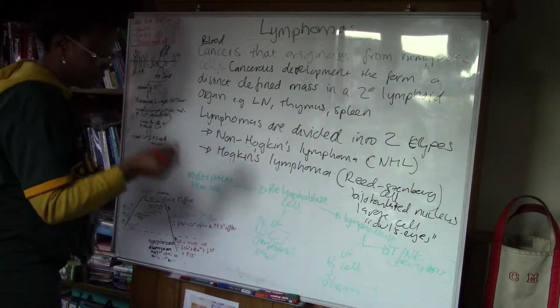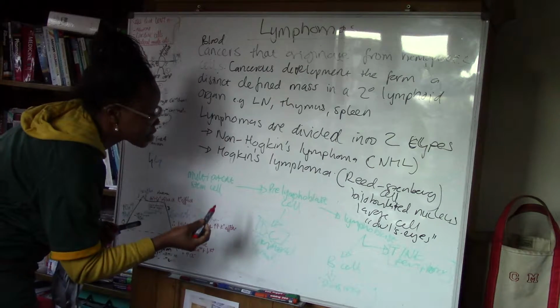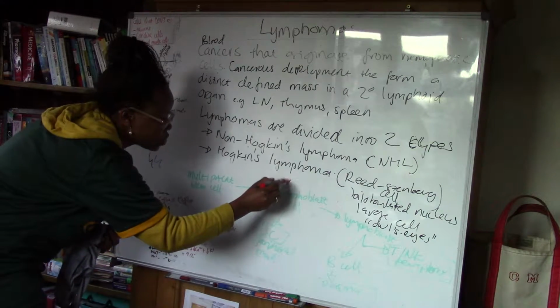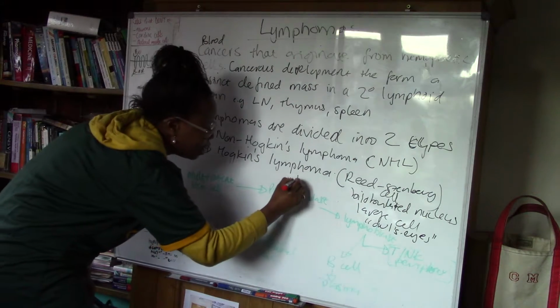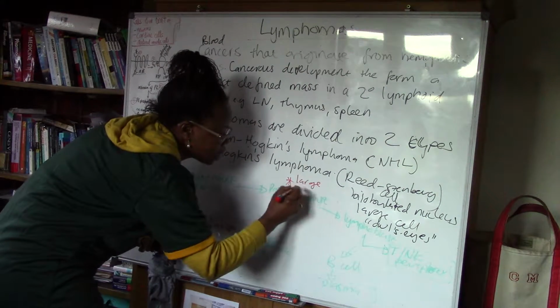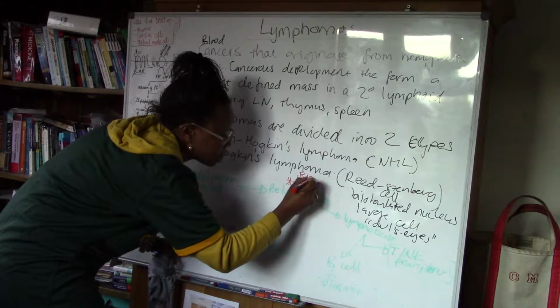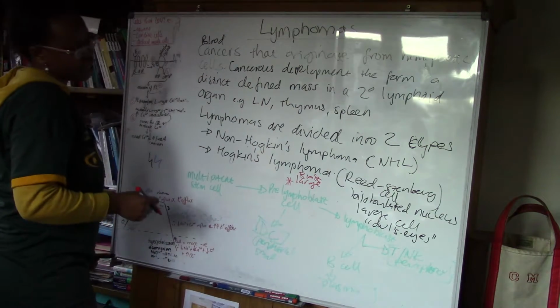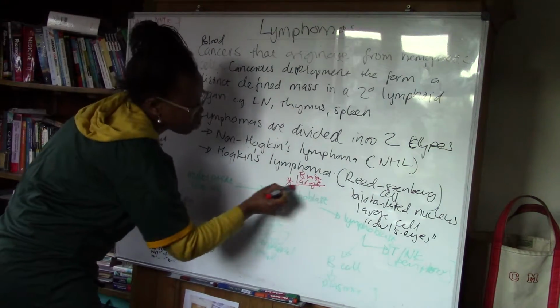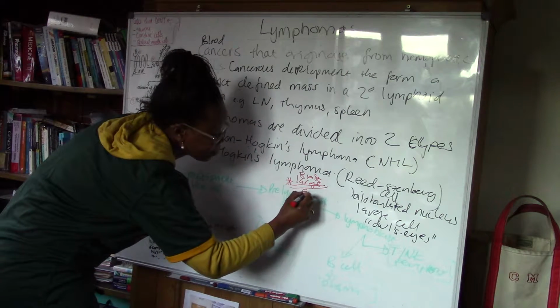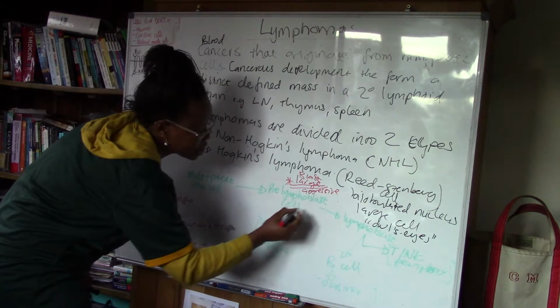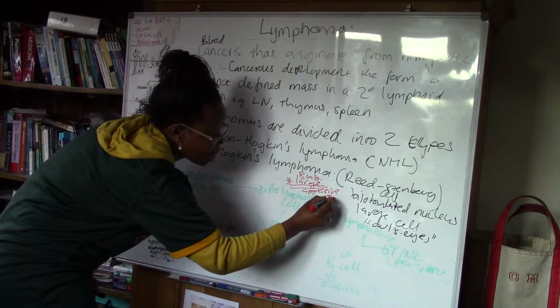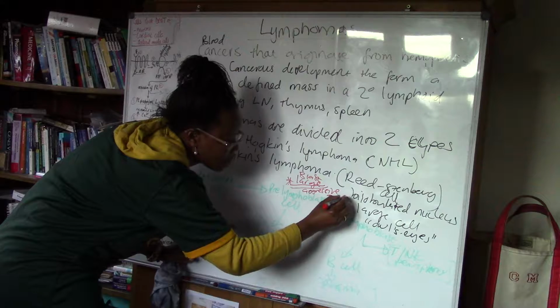So if a cell is much closer to being a lymphoblast and it's a large blast, then it's normally called aggressive, because it's still a highly proliferative cell.